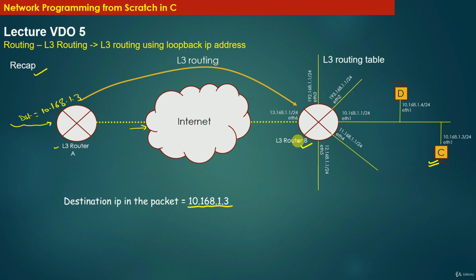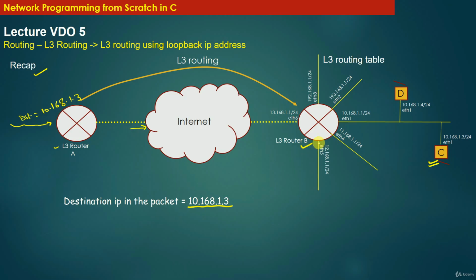Now what will happen once the packet reaches router B? Let us apply the concepts of L2 routing and L3 routing we have done so far. Router B will inspect the destination IP address in the packet, and see whether it belongs to one of its local subnets or not.